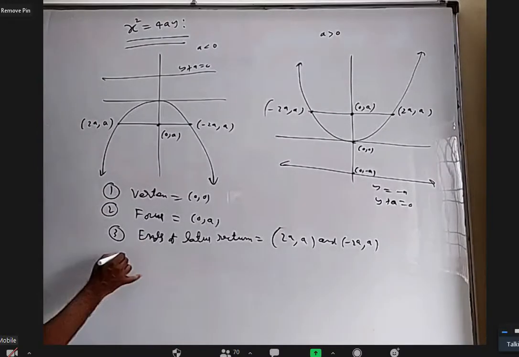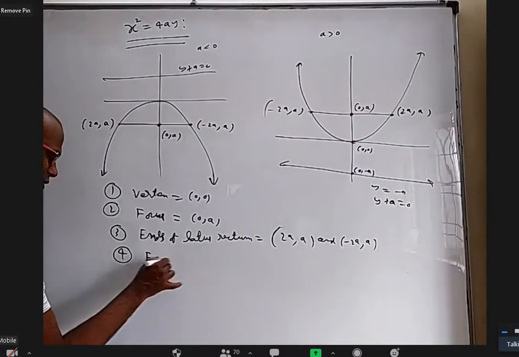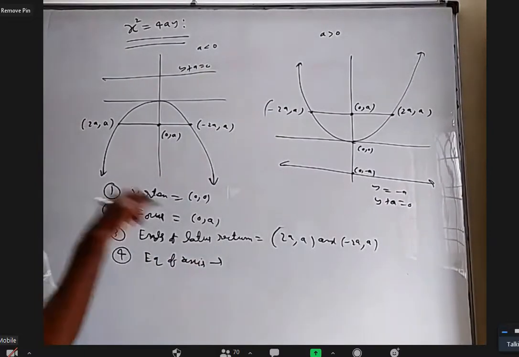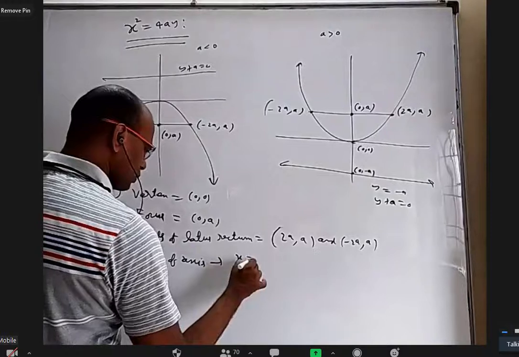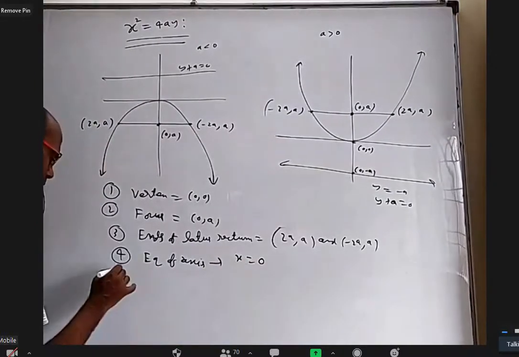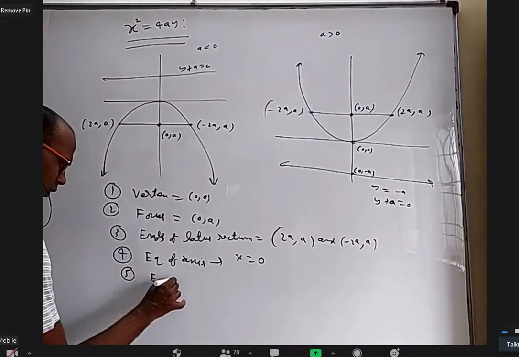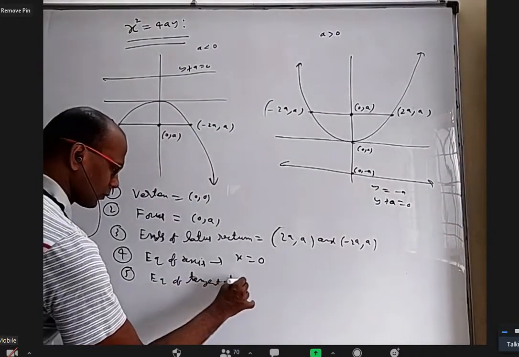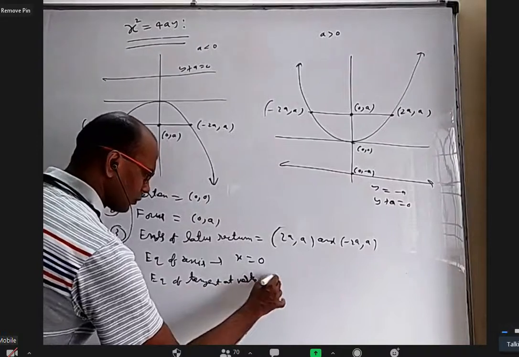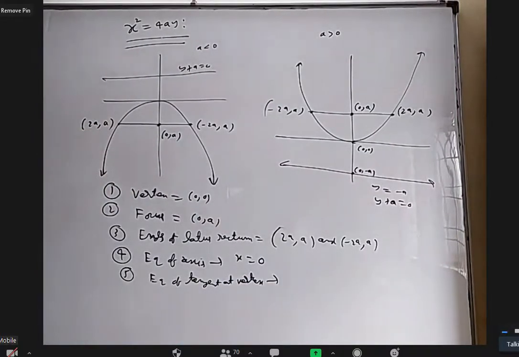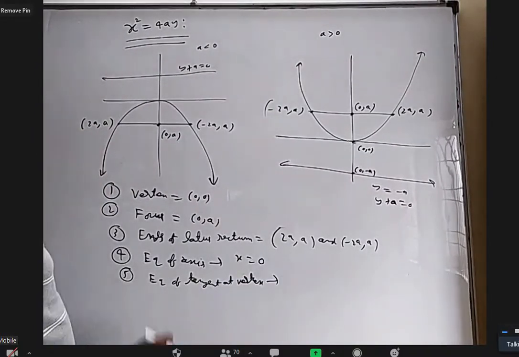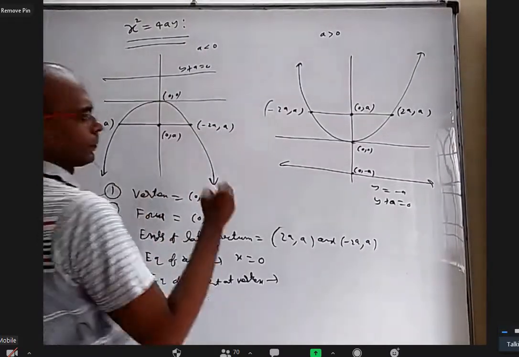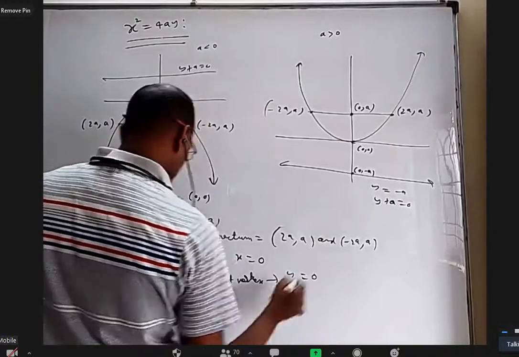Right? Okay, equation of axis. Earlier x axis, y equal to 0, but now y axis, so x equal to 0. Equation of tangent at vertex: earlier y axis, now x axis only. X axis is y equal to 0.